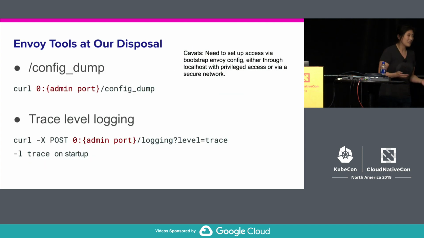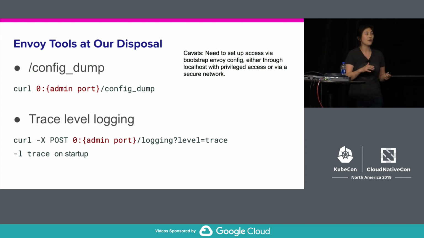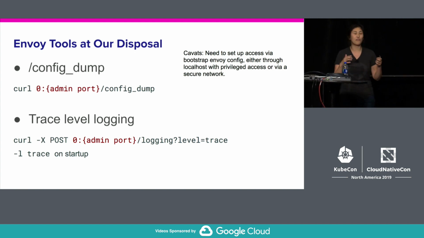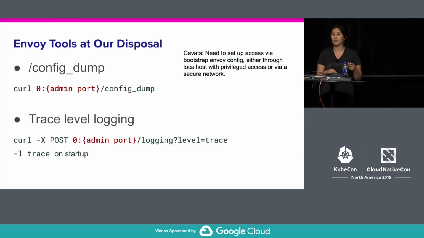So what are our tools at our disposal? The tool I use to debug configuration issues is config dump, which is an admin endpoint that you still have to set up in your Envoy proxy, but it's an interface where you can curl, and it will show you exactly what Envoy is running at runtime, both static and dynamic. So it's very useful.